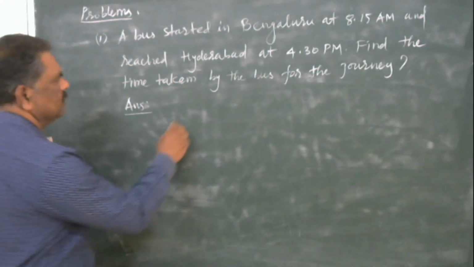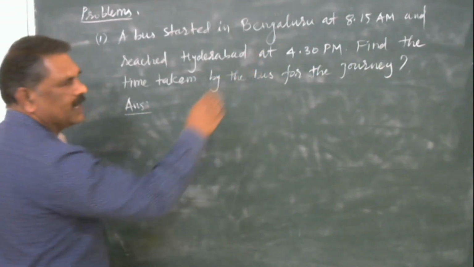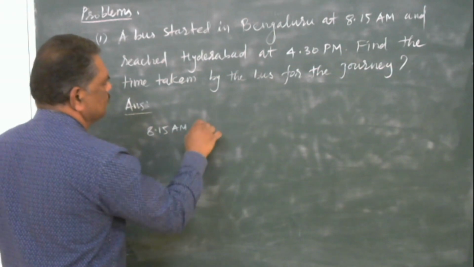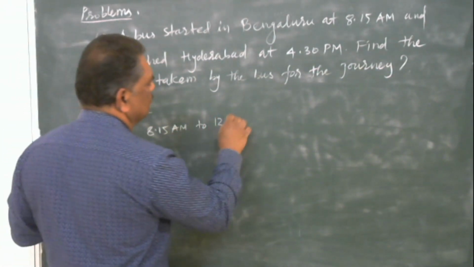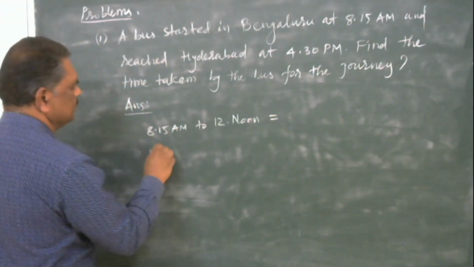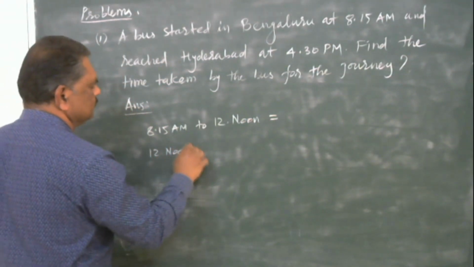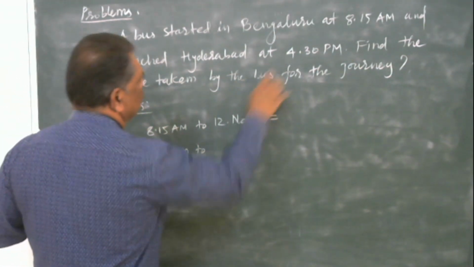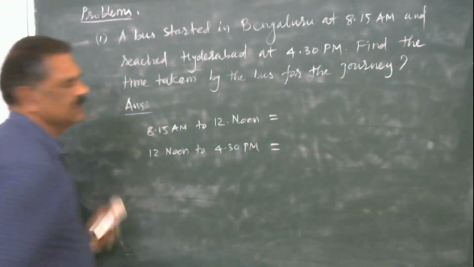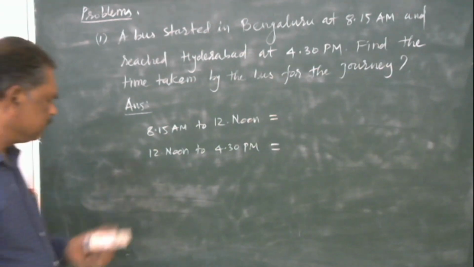So let me write 8:15 AM to 12 noon. I will write first. Then again I will write 12 noon to 4:30 PM. Easy for us to count the time.